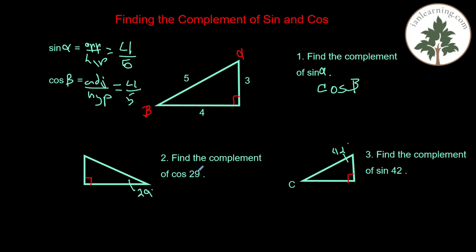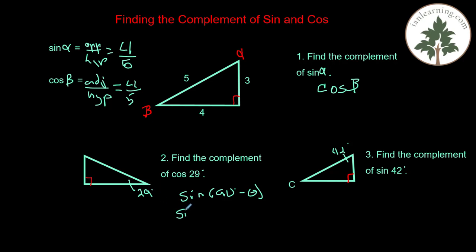So now let's actually put this in practice. Find the complement of cosine of 29 degrees, and let's put little degree symbols there. So we want to find the complement of this angle right here. If we start with cosine, we know the complement is going to be sine, and the formula is 90 degrees minus theta, where theta is the angle you already have.